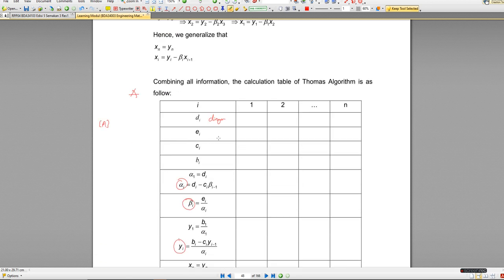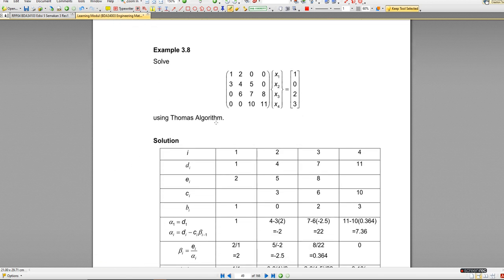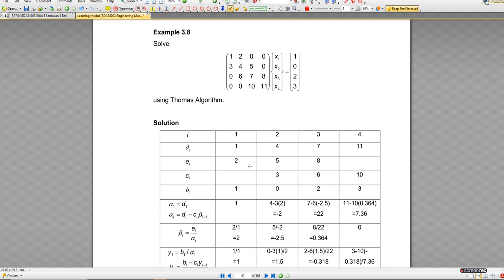So then, let's go back. Okay, so remember in C they are starting with the C2, there is no C1.